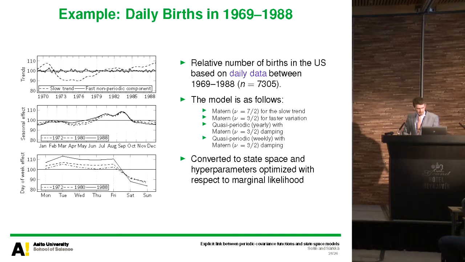The second real-world example is quite interesting. I like this very much. It's about daily births, meaning deliveries, in the US between 1969 and 1988. It's daily data, some 7,300 data points, and we have a model with a smooth kernel for the trend, and a bit less smooth kernel for the fast non-periodic components.